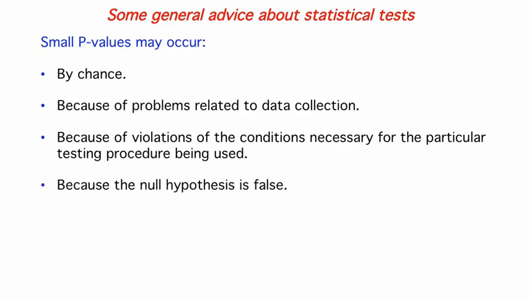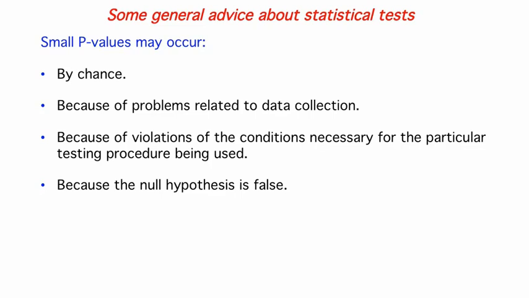Or they can happen because the null hypothesis is false. Typically, with a small p-value, we conclude that the null hypothesis is false, but we need to be careful that none of these other reasons are why we got a small p-value. When dealing with data, there is always variability in the associated uncertainty, and it is important to understand both the strengths and limitations of statistical procedures.